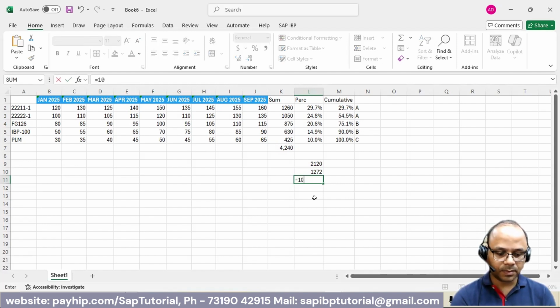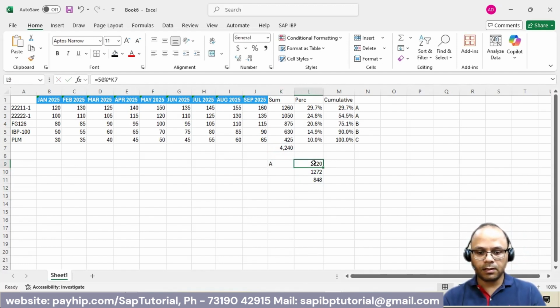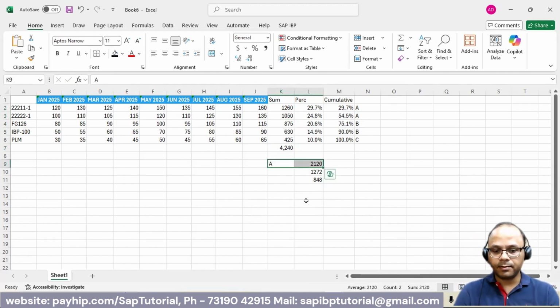And then 20% is this. So my A group will contribute to this 50% of the total volume. Let's see what these two products constitute. These two products constitute 2310, which is slightly higher than this. So that's why they belong to the A category.